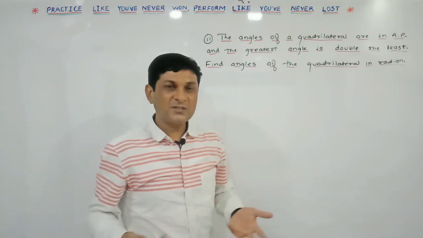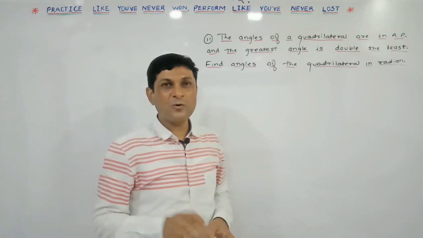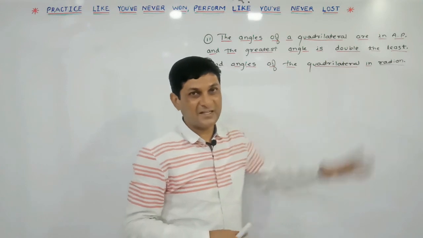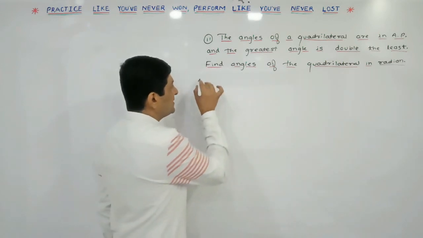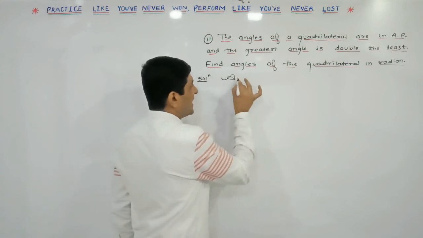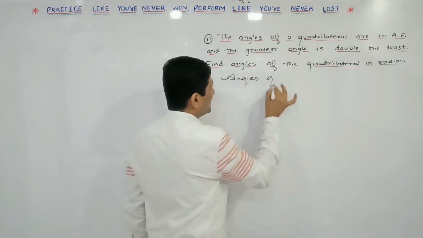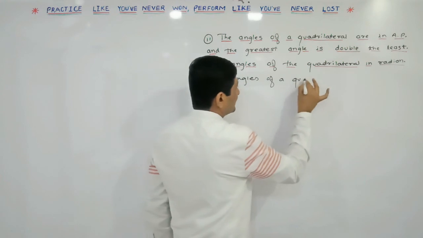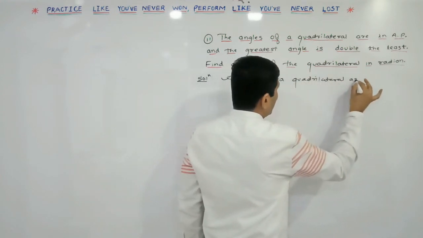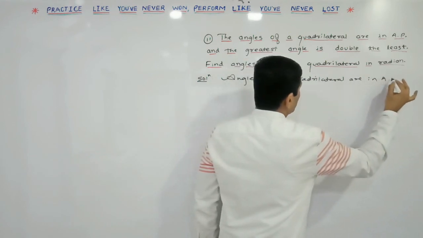Already you have solved such type of example in 10th standard. The only new thing is that we find the angles in what? Radian. So let us try to solve this example using the condition that angles of a quadrilateral are in arithmetic progression.